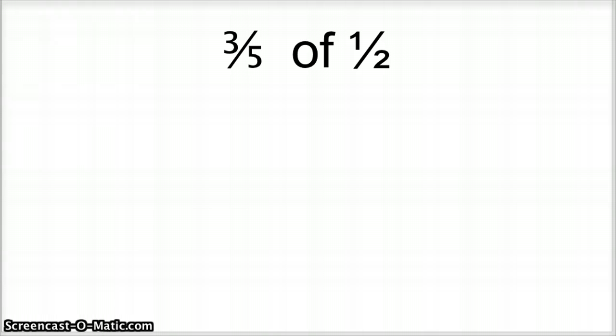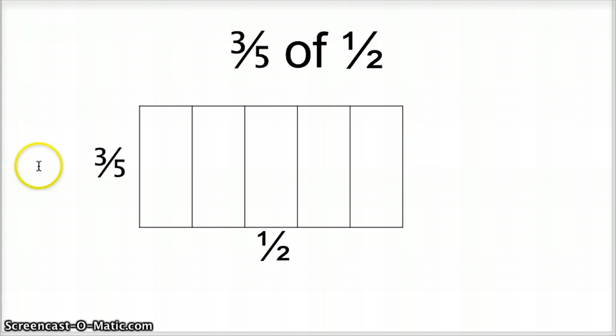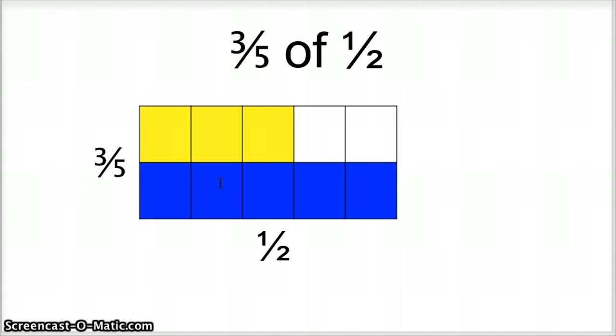3/5 of 1/2. Try to solve this problem on your own. Pause the video, and I'll give you the answer. Okay, again, draw a rectangle. I see fifths, so I'm going to split it into 5 parts. Now I see 3 as my numerator, so I need to highlight 3 of them.